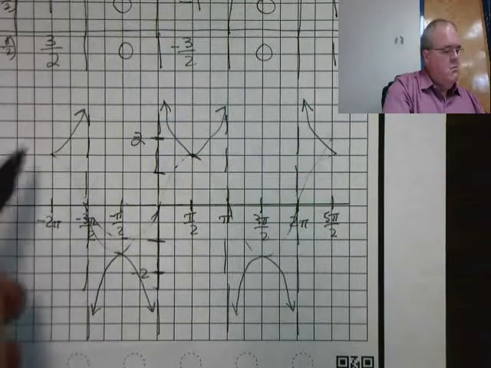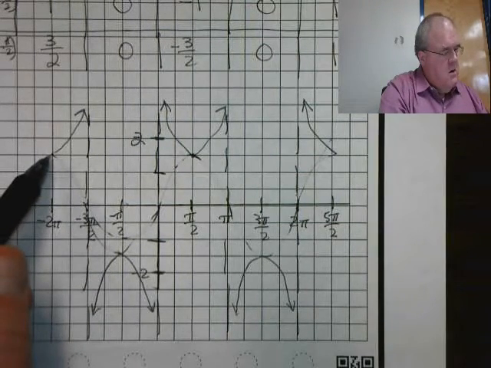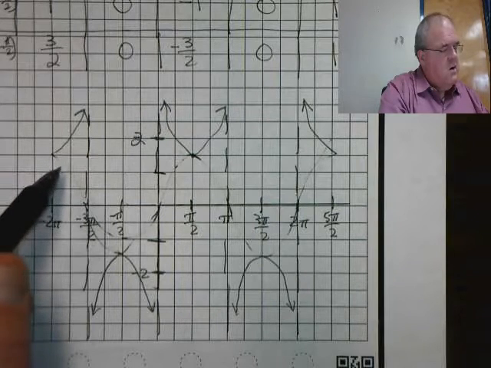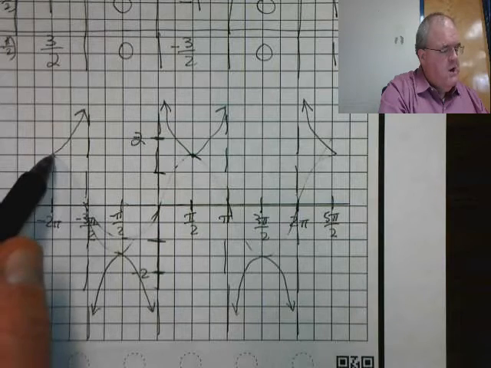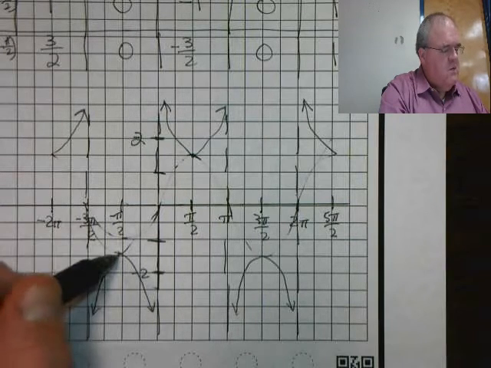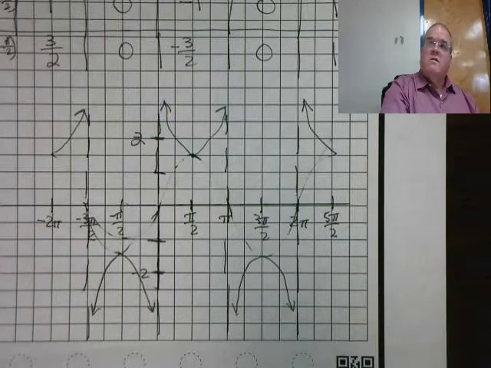I drew my cosine curve, and then from my peaks, my maxes and my mins, I then drew my secant curve.